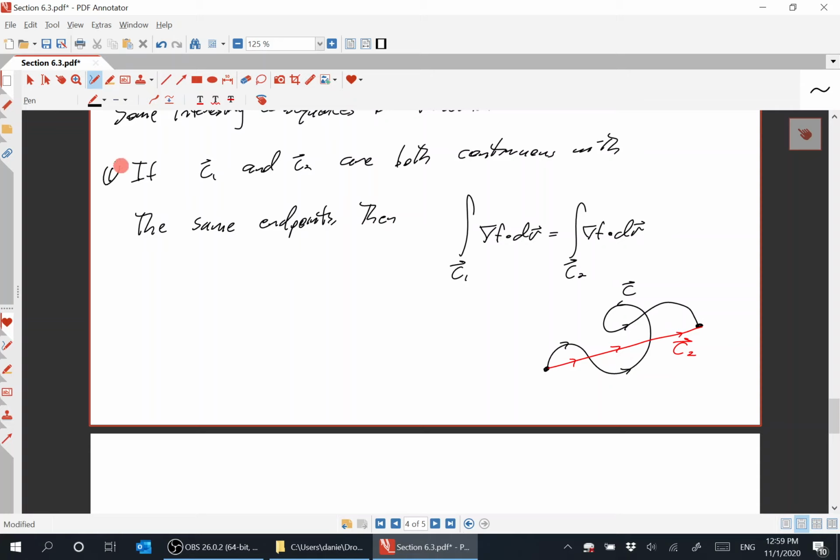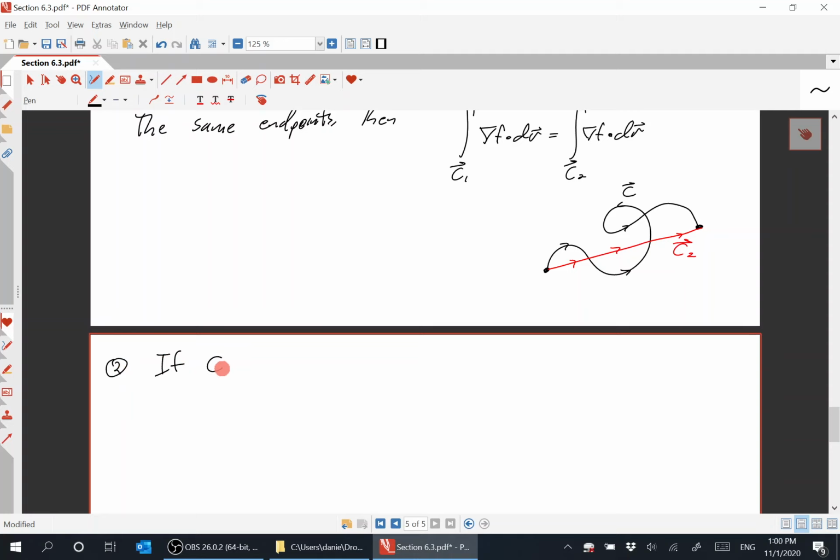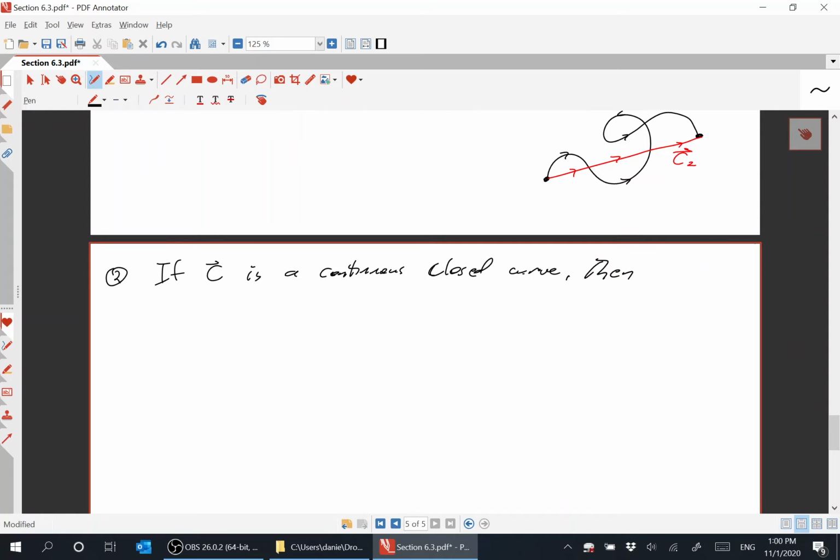The other one that's interesting is if C is a continuous closed curve, and closed curve means it begins and ends at the same point. So C begins and ends at the same point.